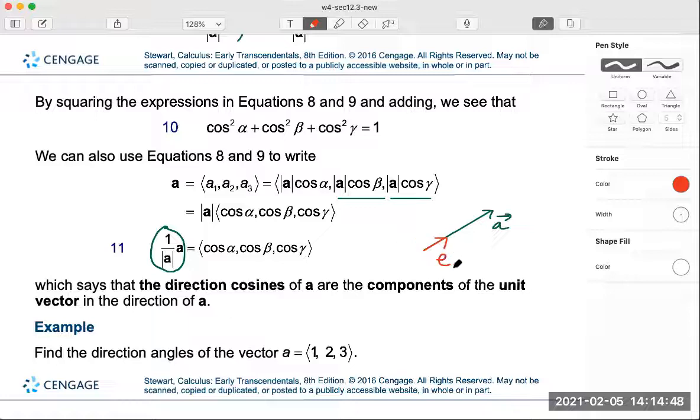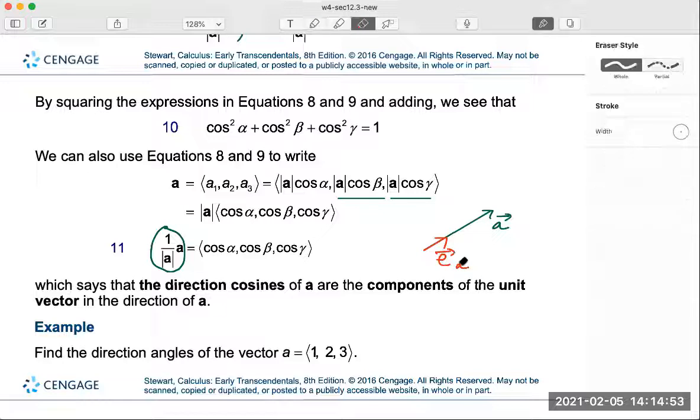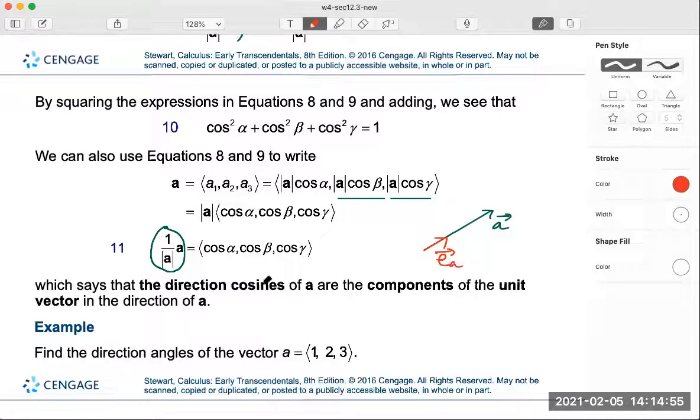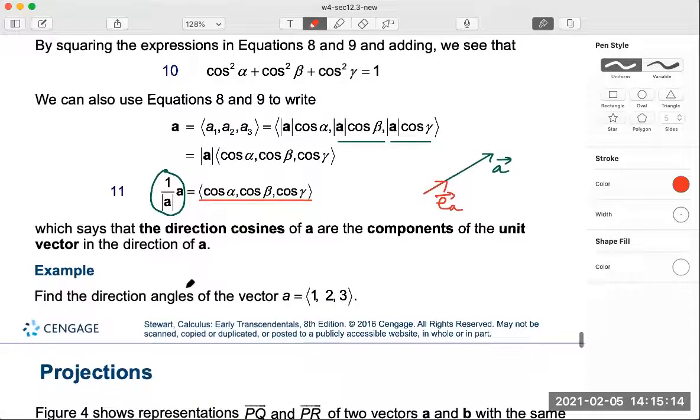So we call it the unit vector of vector A. Let us call it EA. It's very interesting that EA will have the X, Y, and Z components exactly the same as the cosines of the angles between the vector and the axes, right? So now I believe that equation 11 is the best way to memorize these lessons. So I normally memorize it this way.